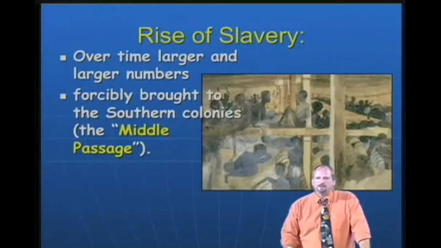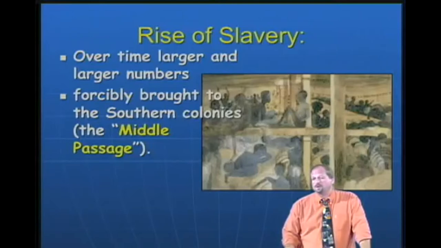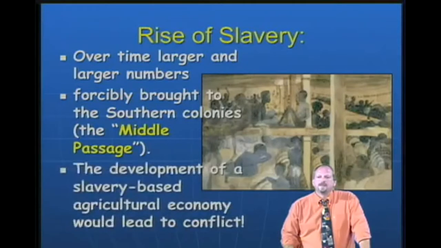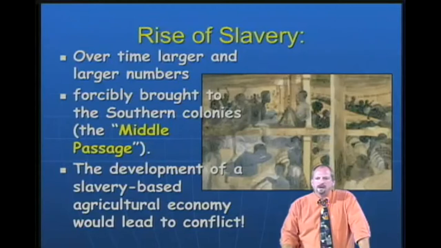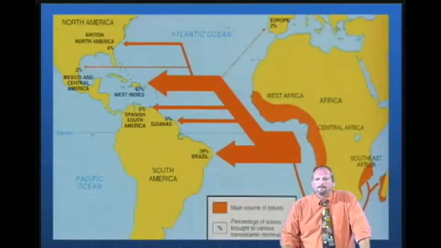They were forcibly brought to the colonies through what was called the Middle Passage. The Middle Passage is the part of the journey from Africa to the New World. They developed the slave-based agricultural economy, and that would ultimately lead to conflict, which I know we've already learned a little bit about in your past years in school, the Civil War.